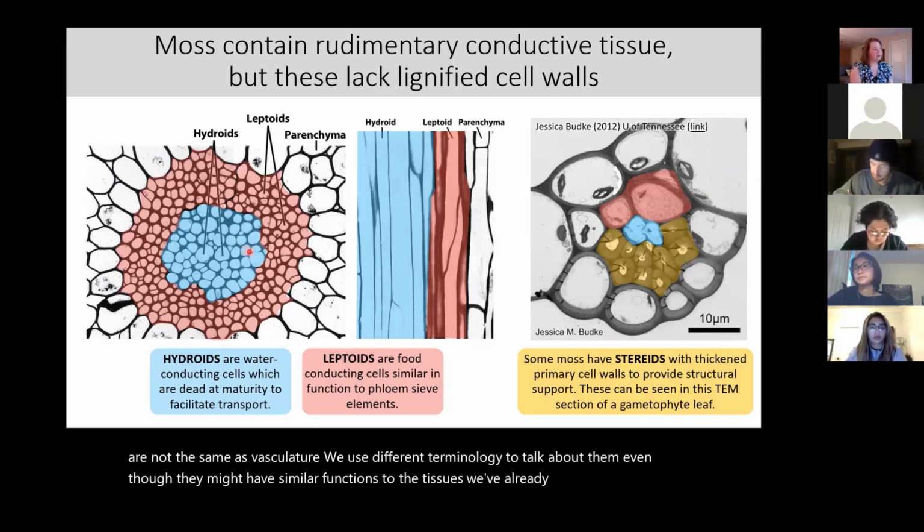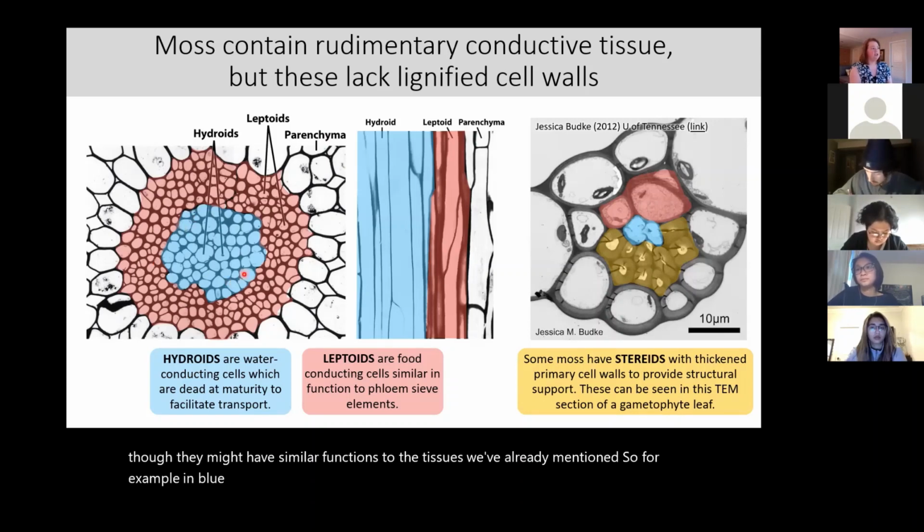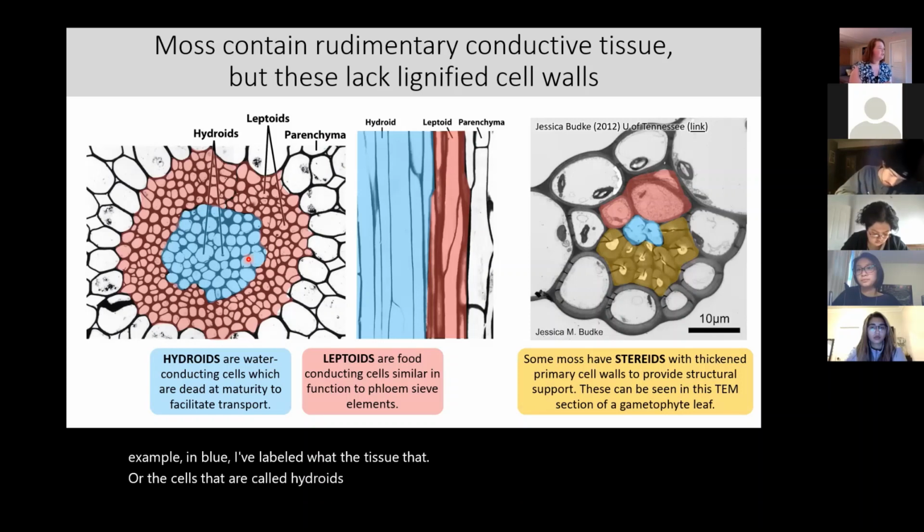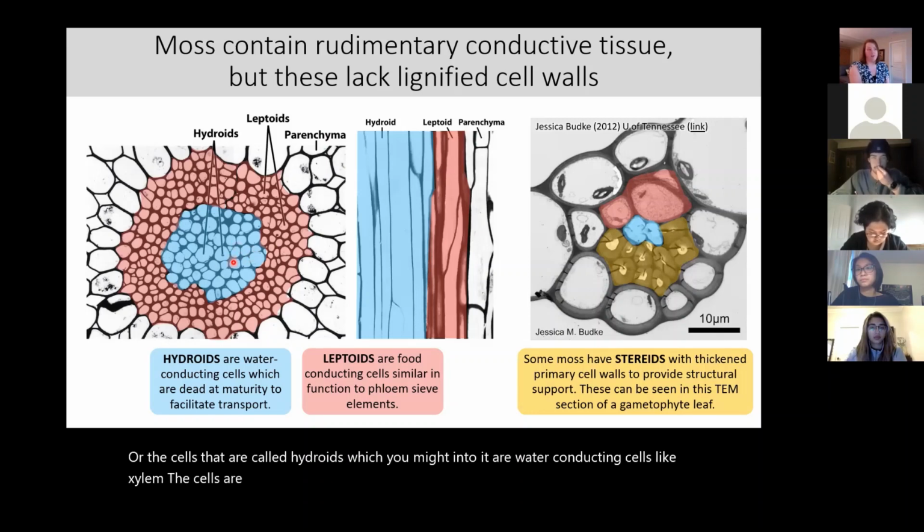So for example, in blue, I've labeled the cells that are called hydroids, which you might intuit are water conducting cells. Like xylem, the water conducting cells are dead at maturity, but again, they don't have the supported secondary cell walls.